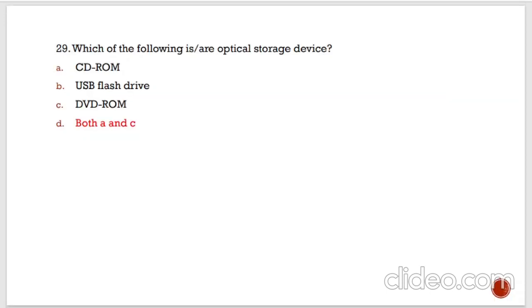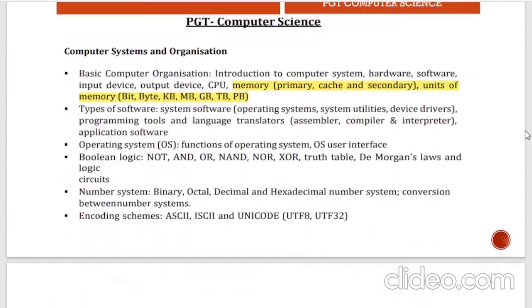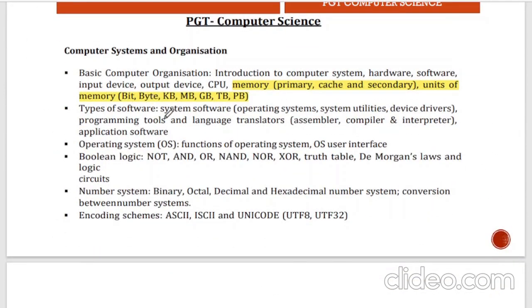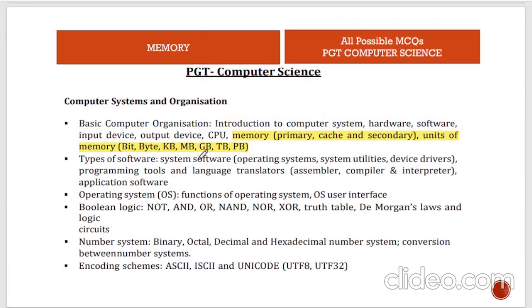This is the end of this particular video session. This is the topic we have discussed under memory. In the next video lecture we'll be discussing the types of software: system software, language translators, application software, everything, with all the possible MCQs. Later, operating systems, and another video lecture on Boolean logic.